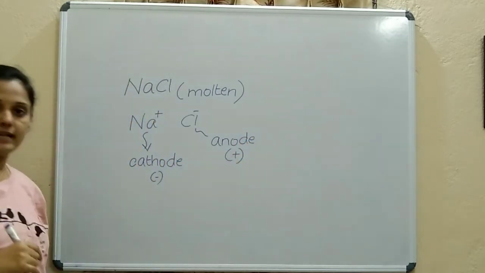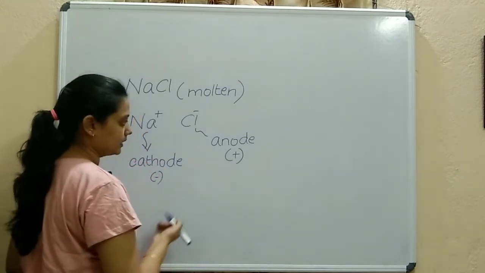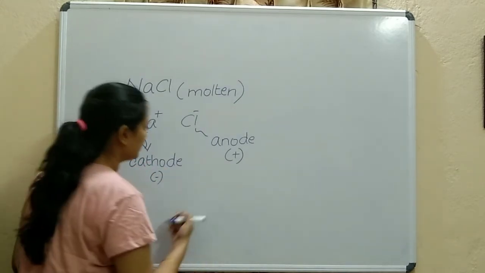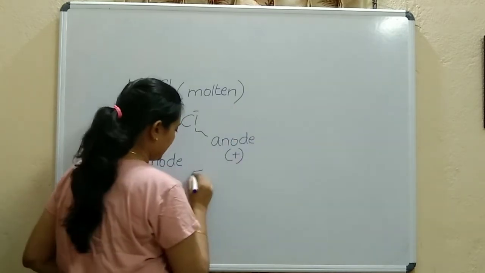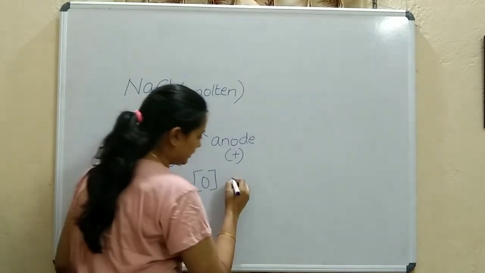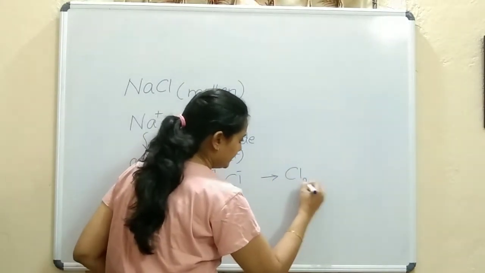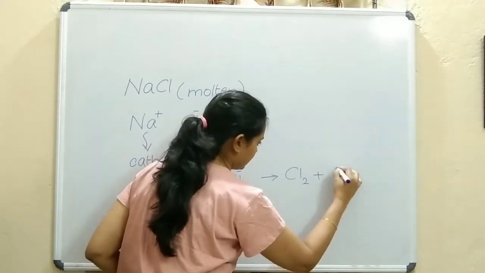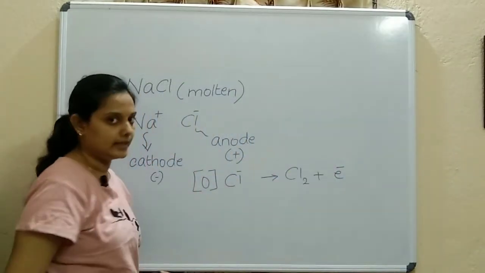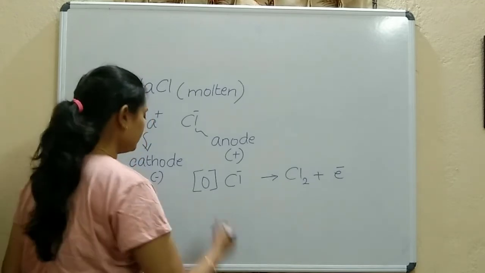Now let's write the reactions over here. Reaction at anode and reaction at cathode. Earlier also I have written, once more I will write it. Reaction at anode, that is oxidation. So oxidation, loss of electrons: Cl- gives Cl2 and electrons. Loss of electrons on the right hand side. Cl2, we don't write Cl alone.